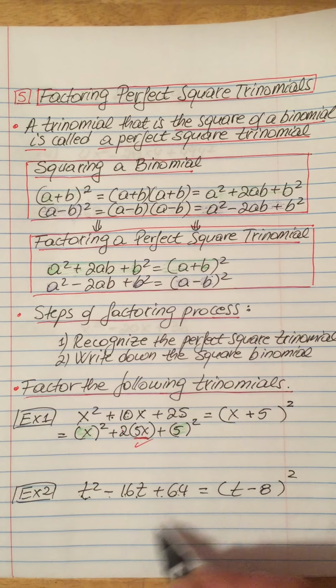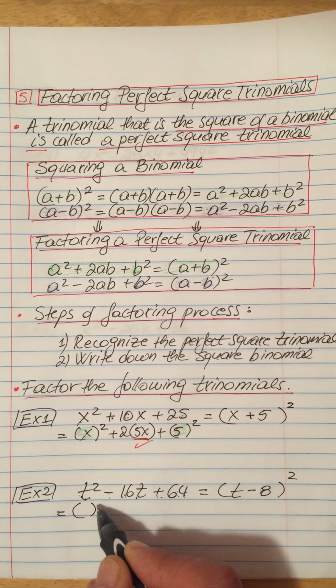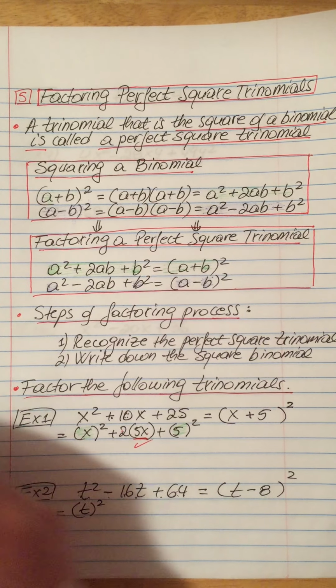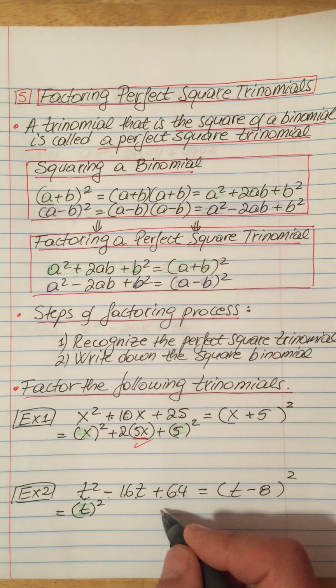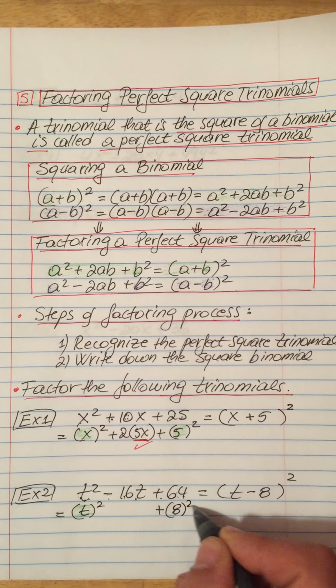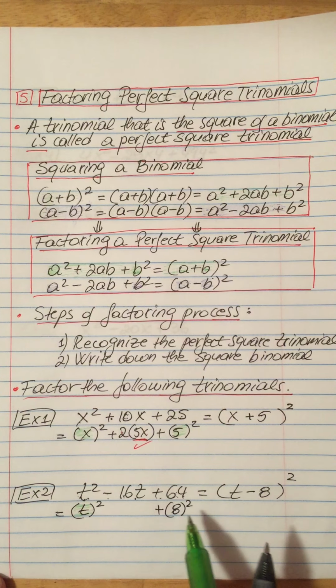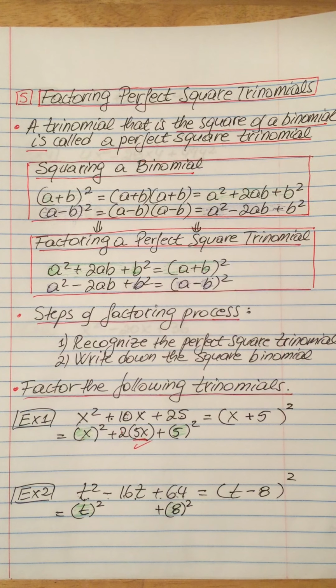And now let me show you that I was right. What am I looking for? I'm looking for the base of the first, which is t. I'm looking for the base of the last, which is 8, because 8 squared is 64. So I have the bases that I need for my binomial.